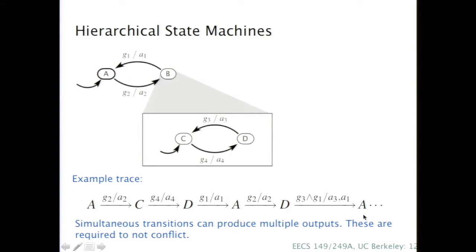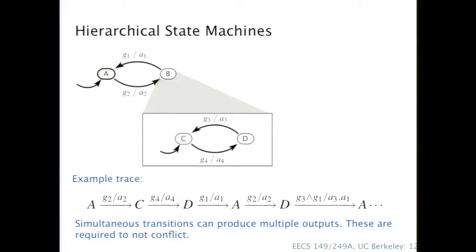This is a trace, which is a way to keep track of possible reactions. So we start in state A. If G2 is enabled, we're going to produce output A2 and transition to state C. If G4 is enabled in the next reaction, we'll produce A4 and transition to D. If G1 is enabled in the next reaction, then we will produce A1 and go to A. Wait a minute.